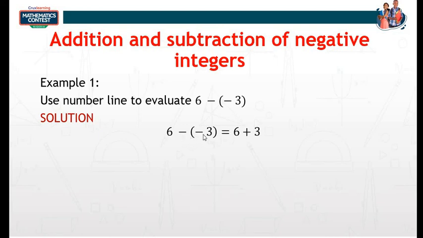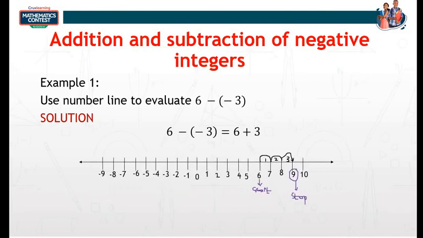So what we do, we simplify first before we do anything. So minus minus is positive. That's why I'm now having 6 plus 3. So meaning I'm going to add here. So like I did before, I'll start from 6 and move 3 places towards the positive direction, and my answer is 9. Is that clear?